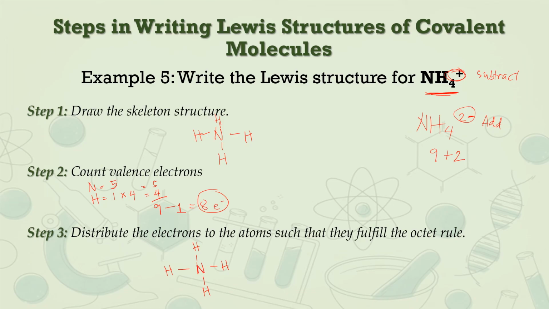Nitrogen as the central atom has 2, 4, 6, 8 electrons already. So this structure is already correct because the total is 8 electrons. We already put it in the structure. And as I have mentioned a while back, hydrogen only carries a maximum of 2 electrons. So this is now the structure of NH4 positive.